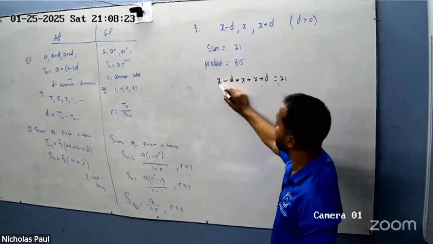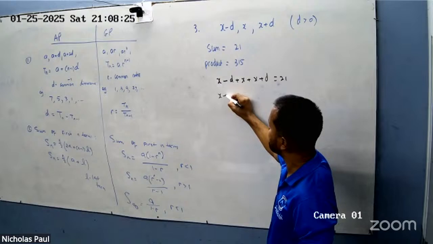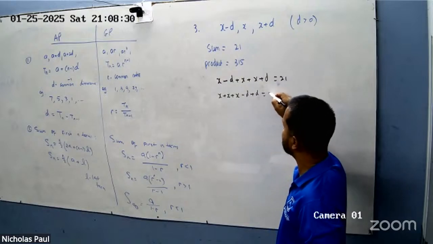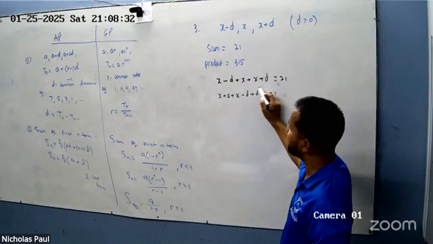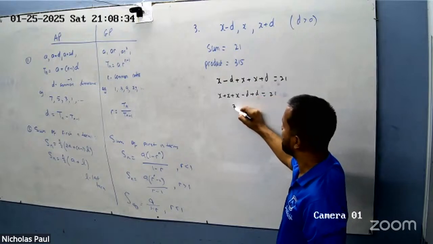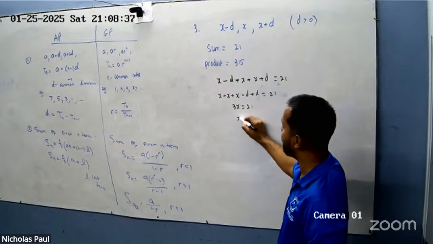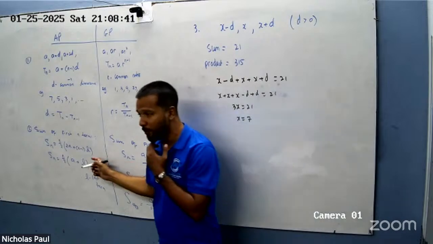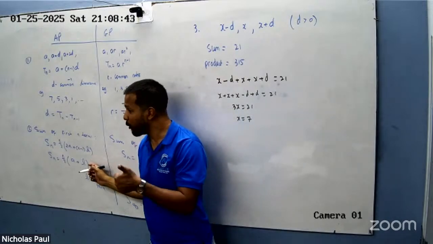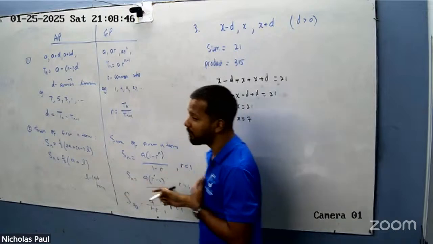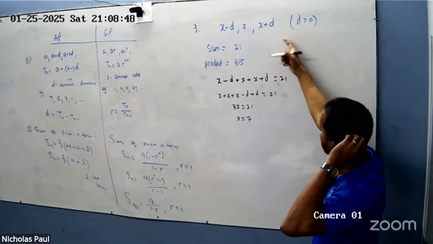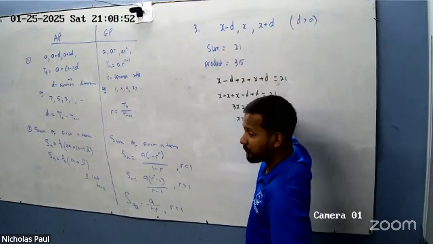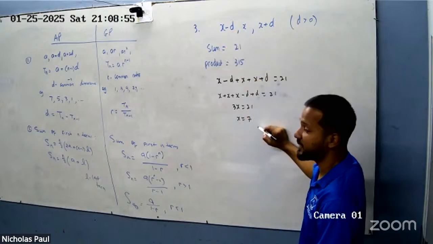Bring your like terms together. Minus d plus d, these two will cancel. So you'll get 3x is 21, x is 7. Do you all understand why I can't use the formula? Because we don't know a and we don't know d, and this is not the first term.